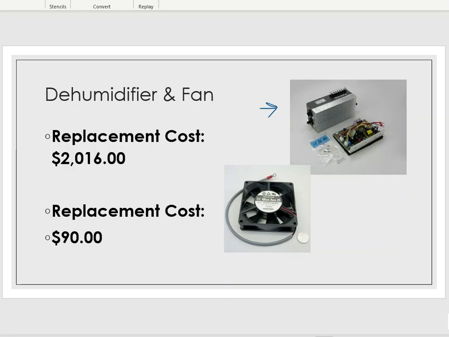So by and large, two things that I do not want to go out on the instrument. The first one is going to be my detector, of course. The second one is going to be my dehumidifier, because those two are quite a large chunk of money, over $2,000 a piece. Now, why? Okay, we need to talk about why a dehumidifier is actually attached to the instrument.